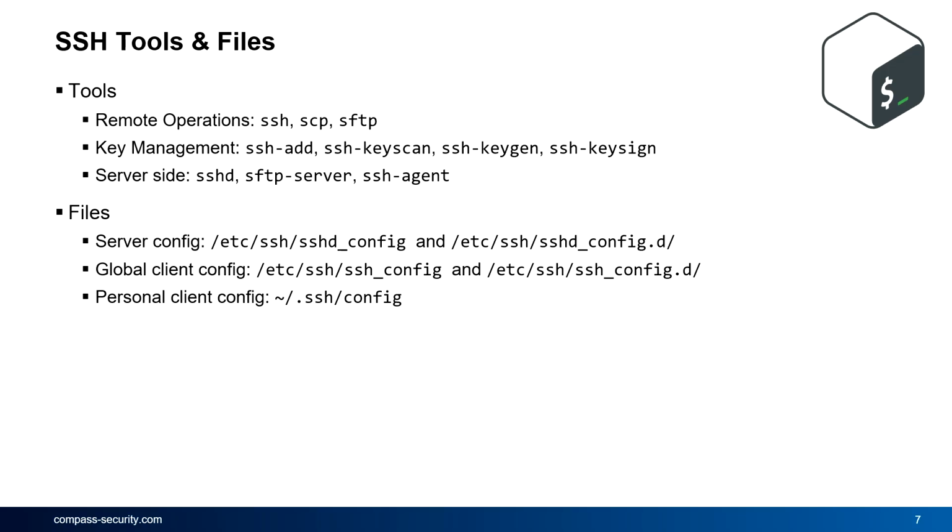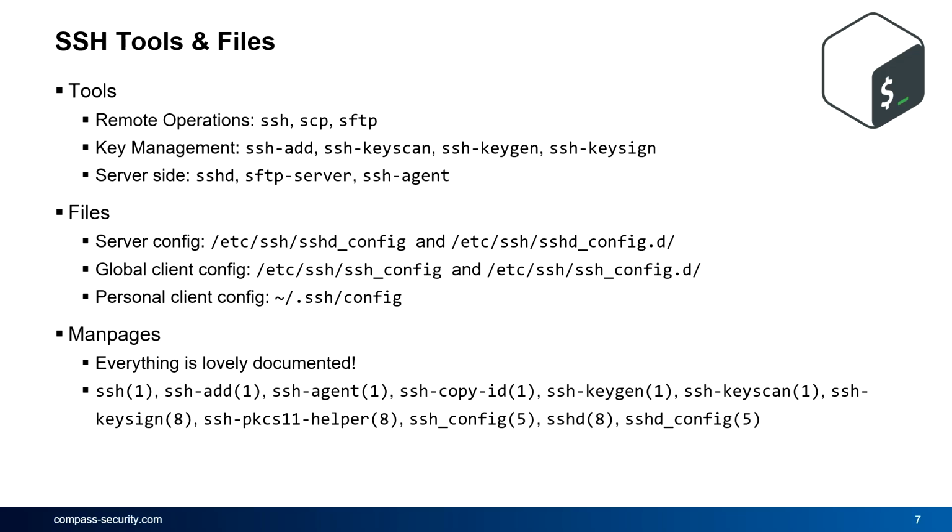Then you have a global client configuration in /etc/ssh/ssh_config, and also the drop-in directory where you can configure a same default for all your SSH users. And then finally the user can also configure their own configuration, which overrides the global client configuration, in their local .ssh directory in their home directory.